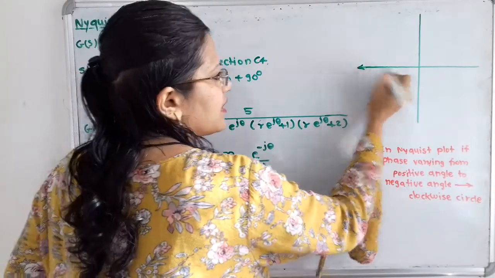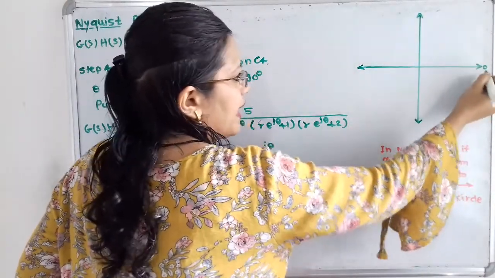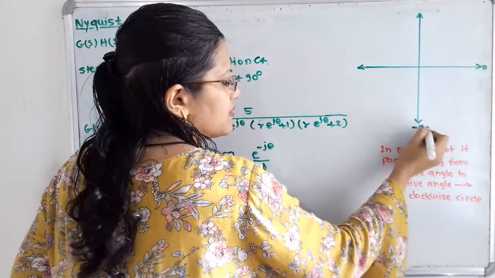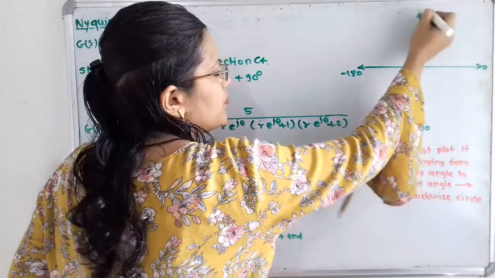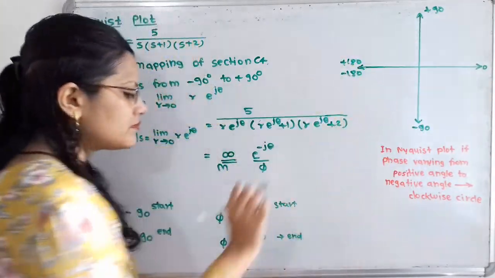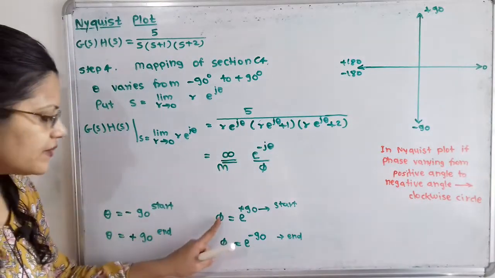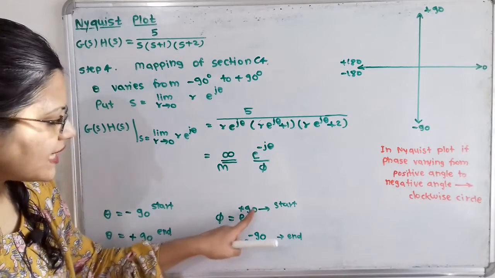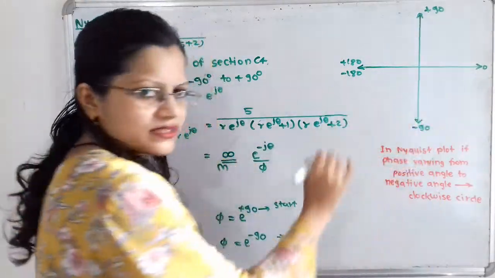So this is the real axis, here is the imaginary axis. So if I take angle, here is 0, minus 90, minus 180. Here positive angle 0, plus 90, plus 180. Now magnitude we have to take infinity. Then we have to take phase angle start at plus 90, ends towards minus 90.